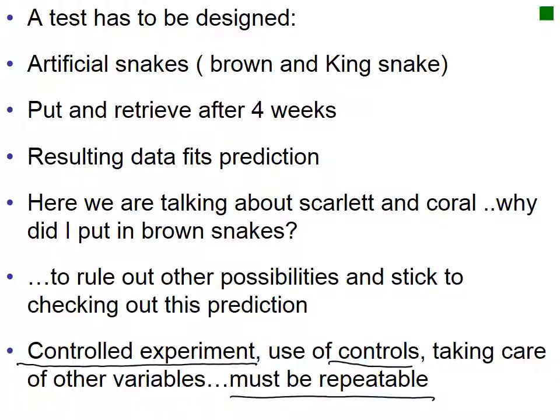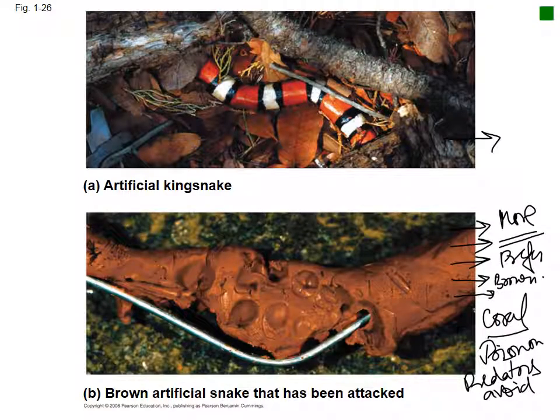Okay, here what we have is a rubber model of the coral snake, and a rubber model of a brown snake. You can see that this particular brown snake has been attacked. Now, normally, where would you see it? Brown snakes are pretty difficult to see and observe, and coral snakes are easy to see and observe.